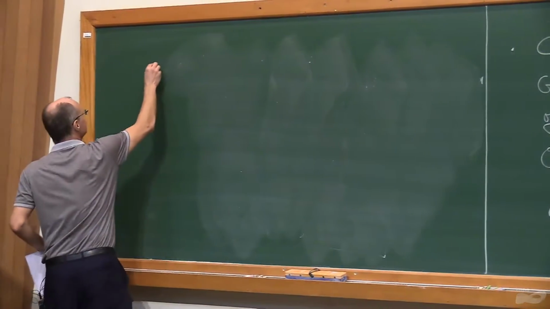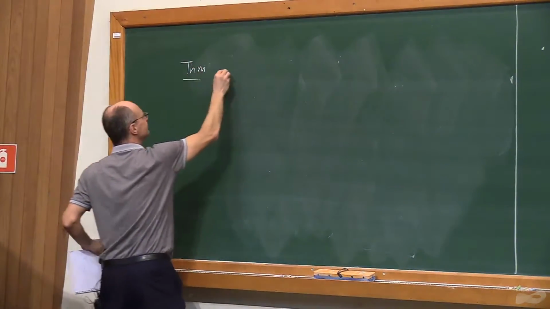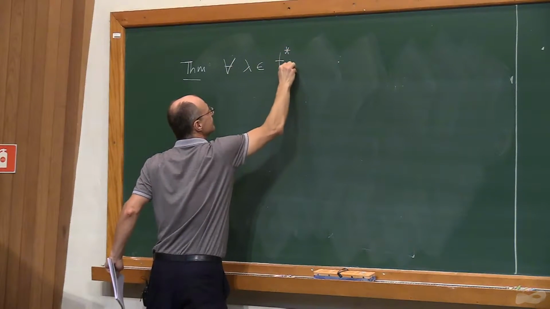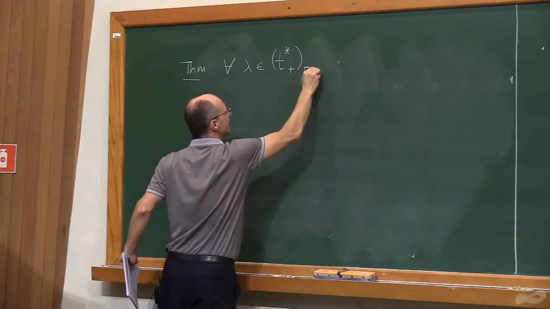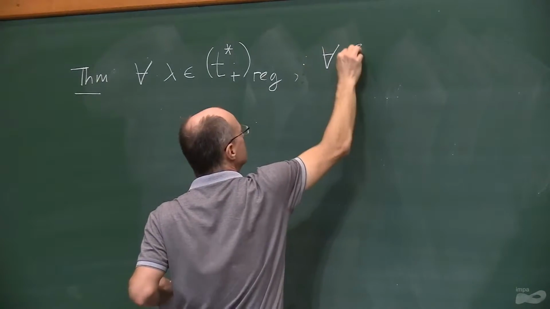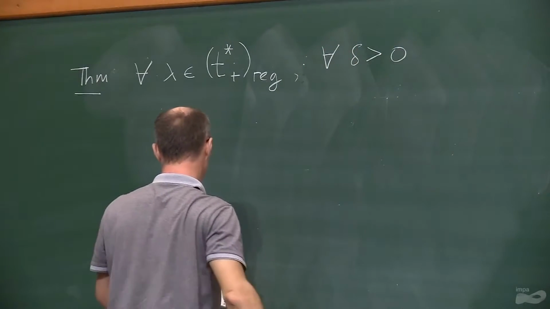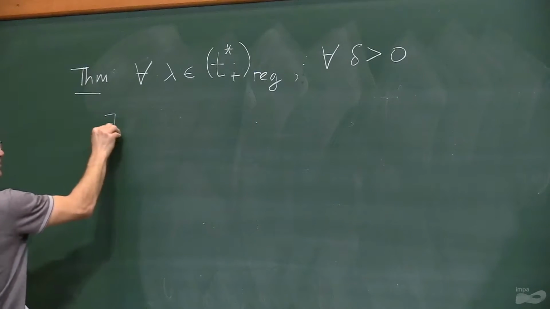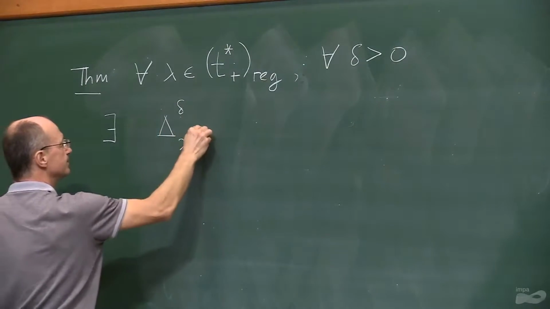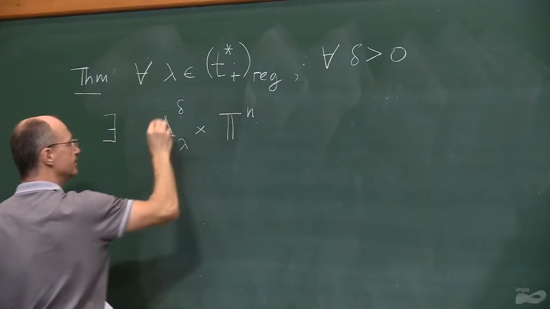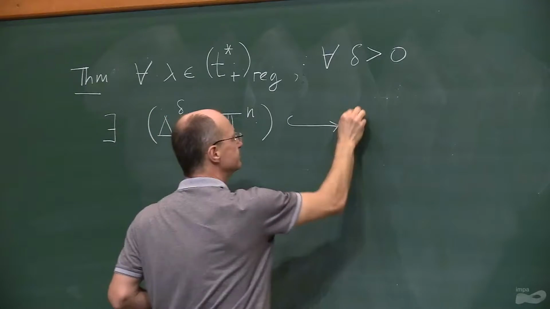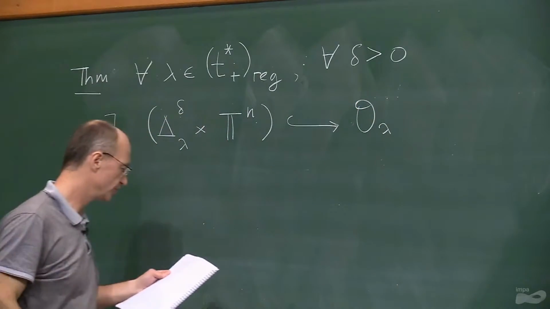So a theorem. For all lambda in the regular part of the Weil chamber, and for all delta bigger than 0, there is a toric chart which symplectically maps into the coadjoint orbit.